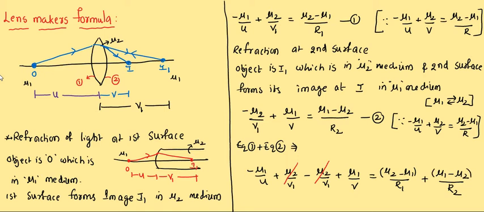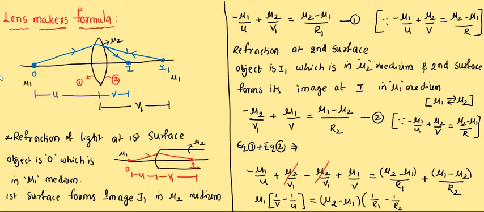On the right side we have Nu2 minus Nu1 in the first term and Nu1 minus Nu2 in the second. On the left, Nu1 by U and Nu1 by V, Nu1 is common, so we get 1 by V minus 1 by U, equal to, taking Nu2 minus Nu1 common on the right side, 1 by R1 minus 1 by R2.